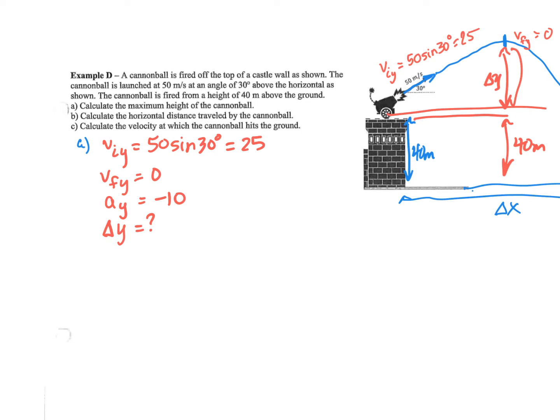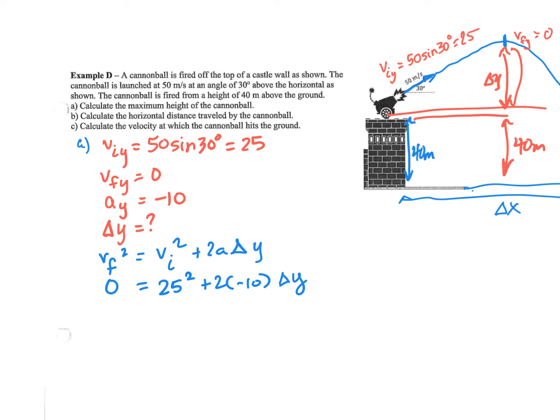So what is delta y? Well, if you remember, we don't have time, so we can't use the formula we normally do. So I'm going to actually use the third formula, which is v final squared equals v initial squared plus 2a delta x, or in this case, delta y. We know v final is 0. This is 25 squared plus 2 times negative 10 times delta y.